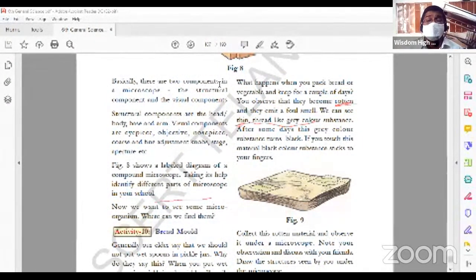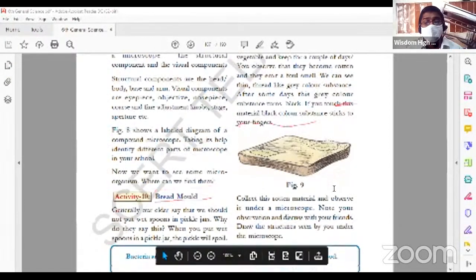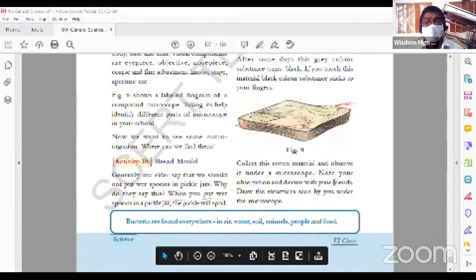After a few days, this gray color turns into black color. When you touch the material, the black color substance sticks to our fingers. Next, observe this rotten material under the microscope.